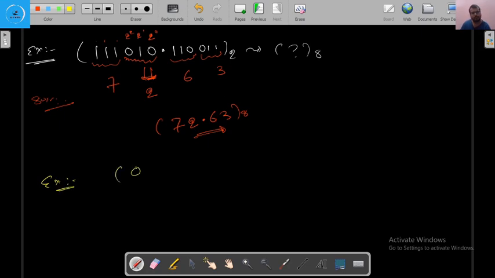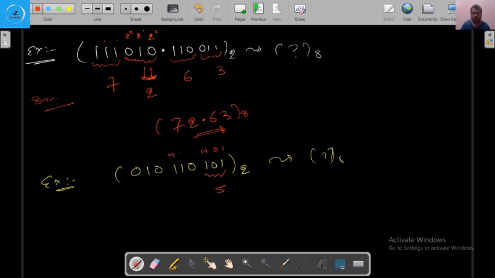Here it's given 0 1 0 1 1 0, then 1 0 1. It's given in binary, and we have to convert it into octal. First we are going to combine 3 binary digits from the left. This is equal to 4 and 0 and 1, equal to 5.